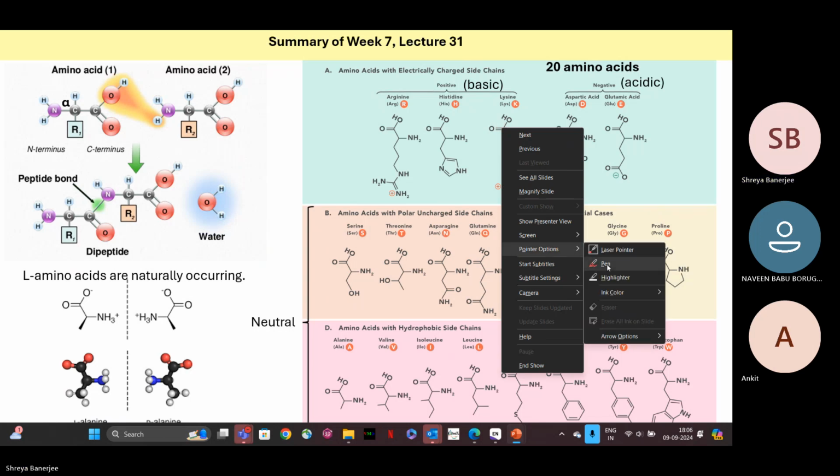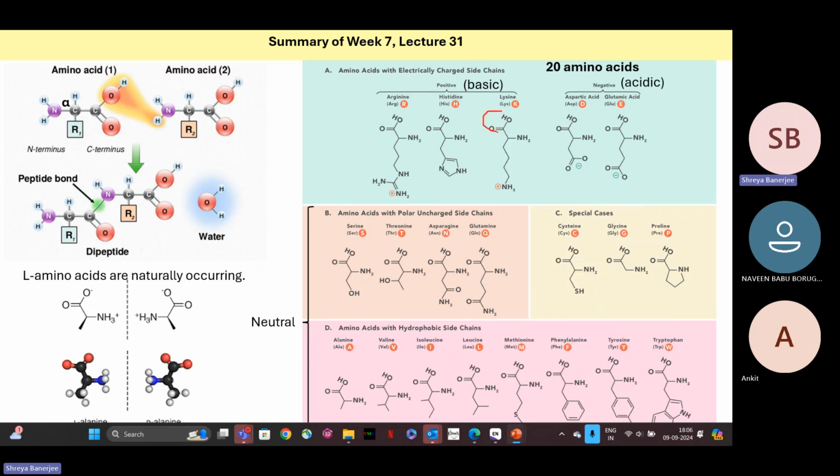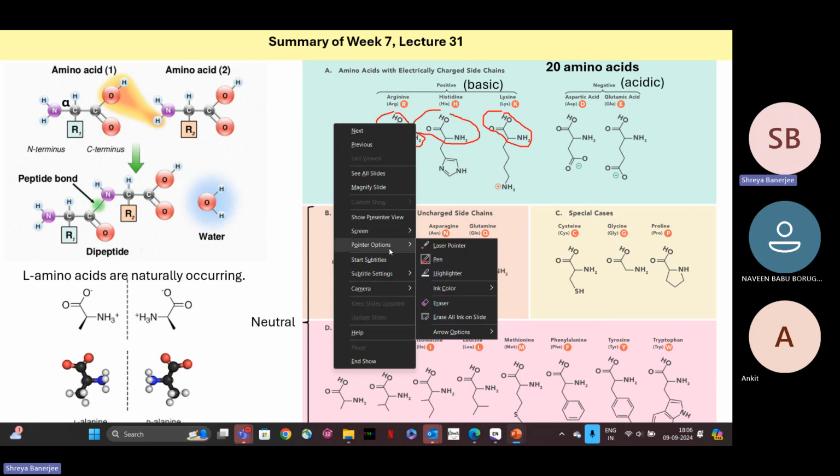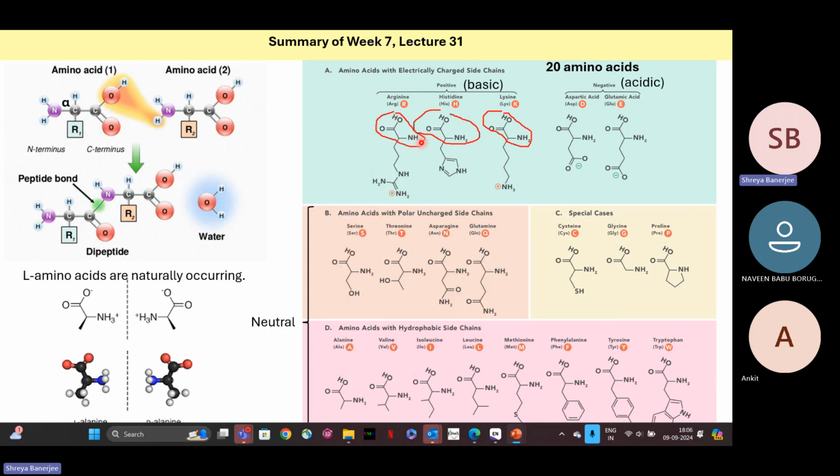You can see this region is common in all 3. What is different is the R group. That is why the name amino acid is common, because in each you have an amino group and a carboxylic acid group. Now the side chain is different.